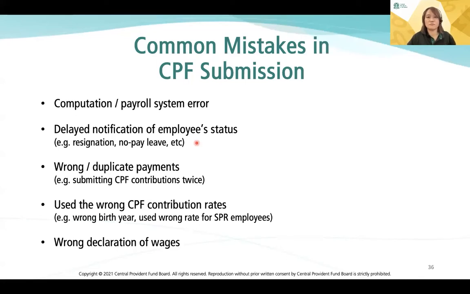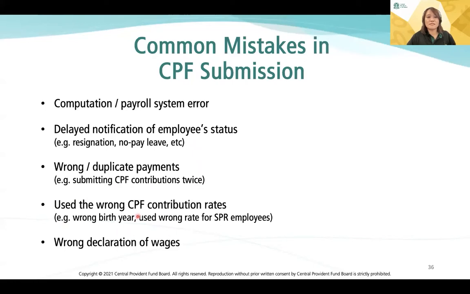That's when you make a mistake, because you submitted wrongly since the staff had already left. Also quite common is wrong or duplicate payments. For example, you thought you hadn't submitted, so you submitted again, and after you submit, you realize you already submitted. So you submitted twice accidentally.